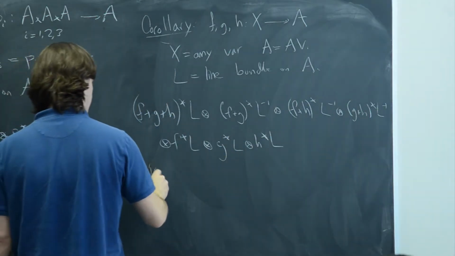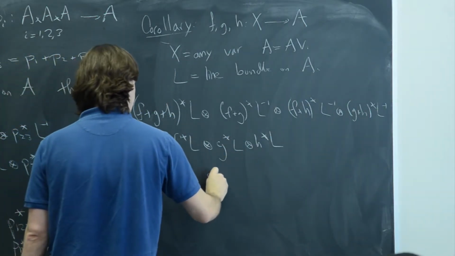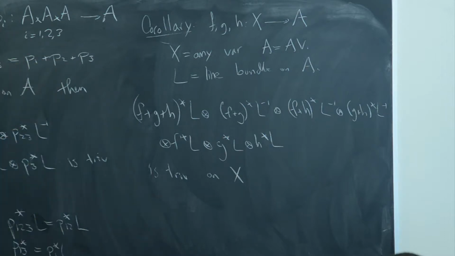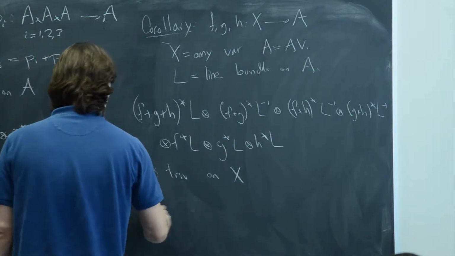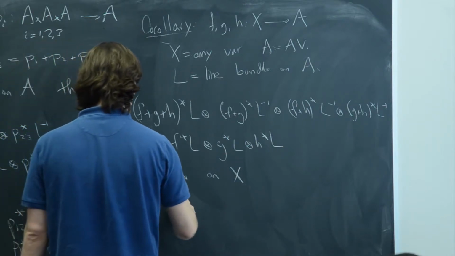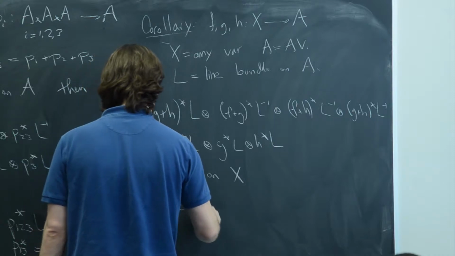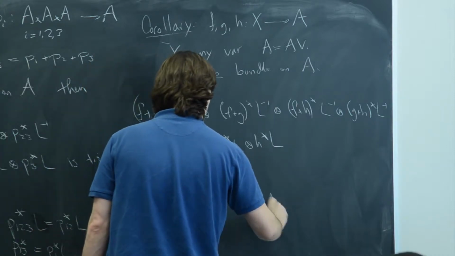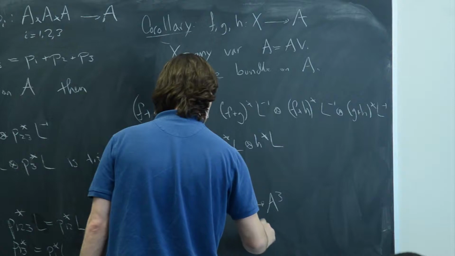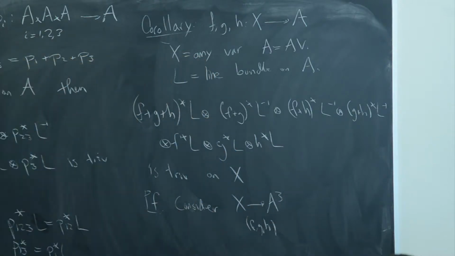This thing is trivial on X. It's a line bundle on X that is trivial. This thing here is a line bundle on A times A. And the proof of this corollary is you just apply the previous one, and you consider the map from X to A cubed given by f, g, h. That's all there is to it.